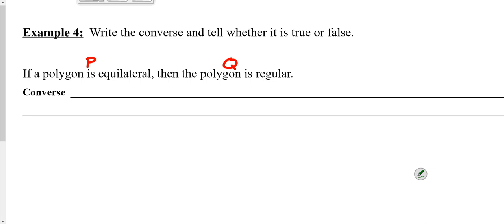Okay, so since polygon is equilateral is our hypothesis, and the polygon is regular is the conclusion, we're going to switch those in our if-then statement.